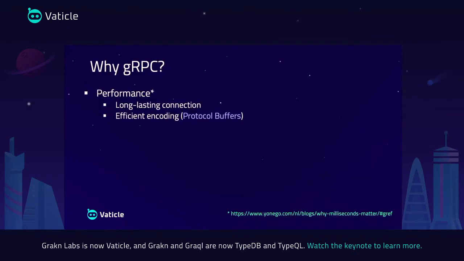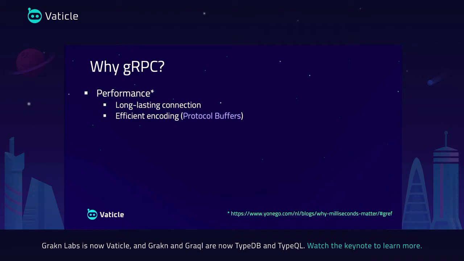So, why does TypeDB use Grpc for messaging? Well, why not, let's say, use a REST web API? The simple reason is performance matters. And I've posted a link to an excellent blog post which compares Grpc to REST.